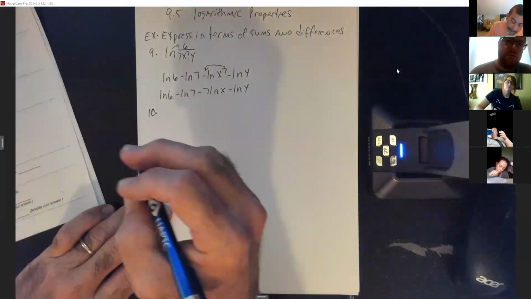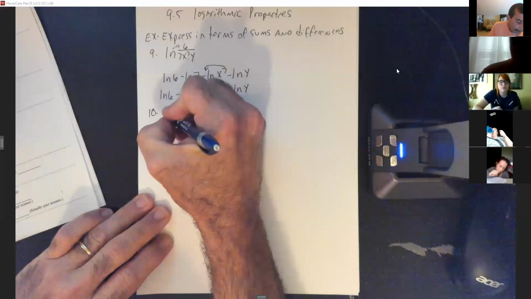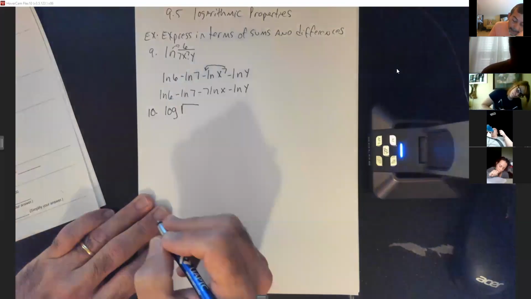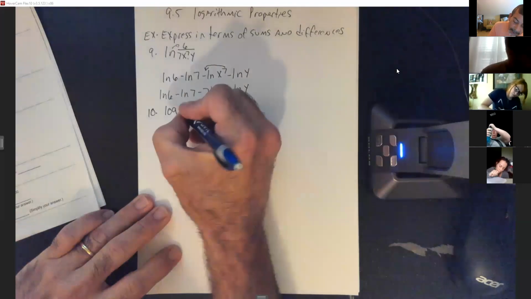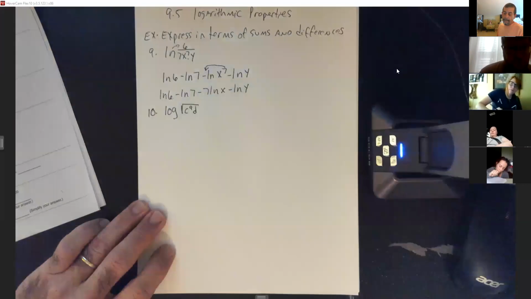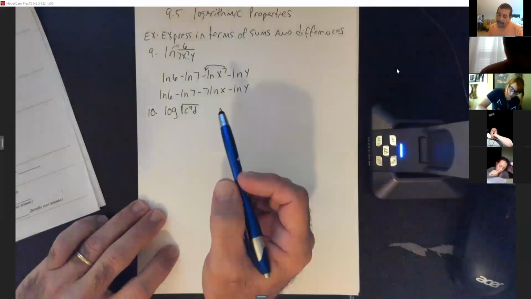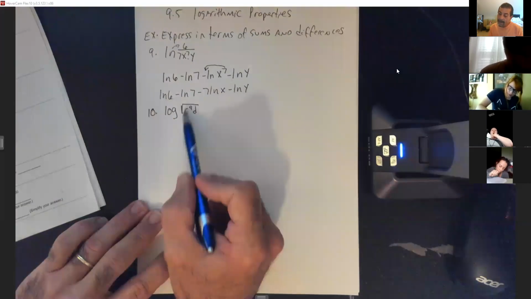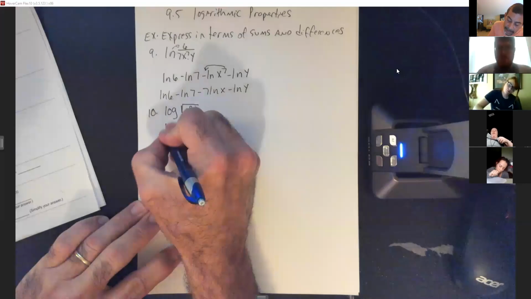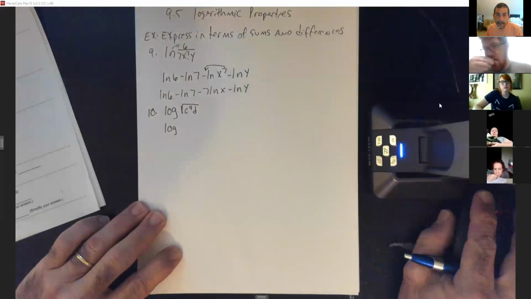All right, let's try this. It is a log of the square root of c to the 9th power d. So really, like on the problems we did the other day, your first move, you want to get rid of the radical on this. So I'm going to rewrite this without the radical. Now notice, everything's under the radical.